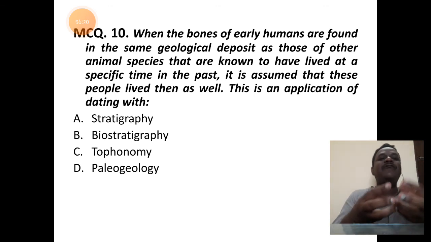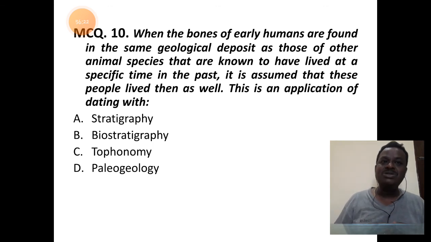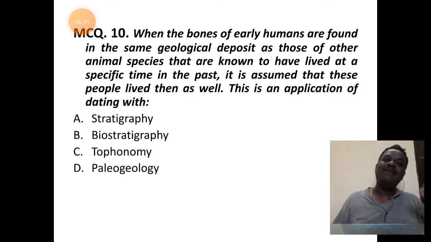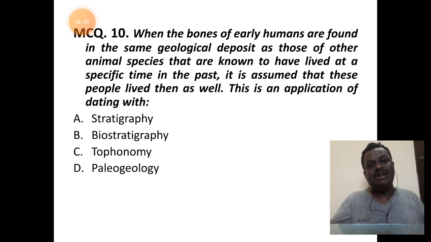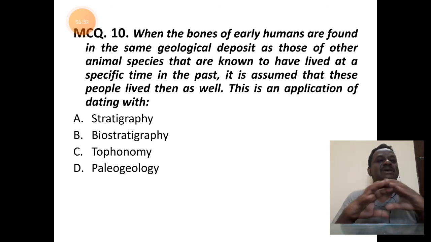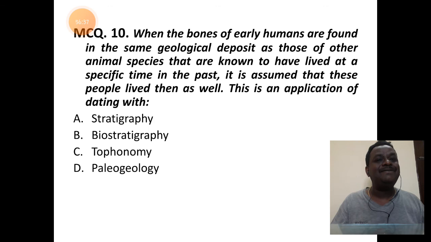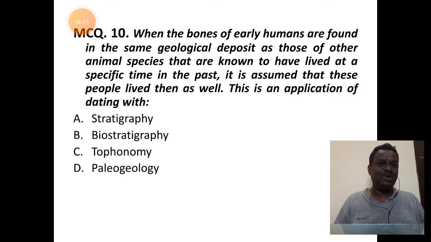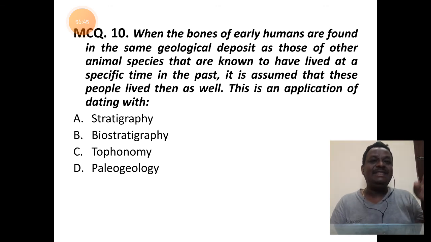When the bones of early humans are found in the same geological deposits as those of other animal species, we have animal species of different types along with human beings present in the same geological deposit that are known to have lived at a specific time in the past. So the animals' age is detected already. Now it is assumed that these people lived then as well.